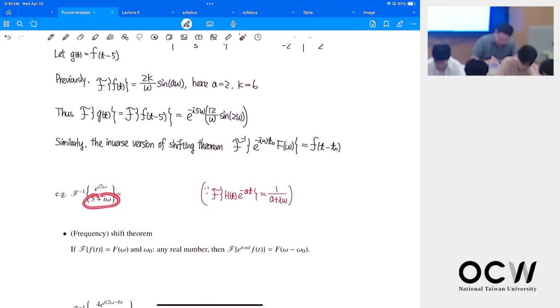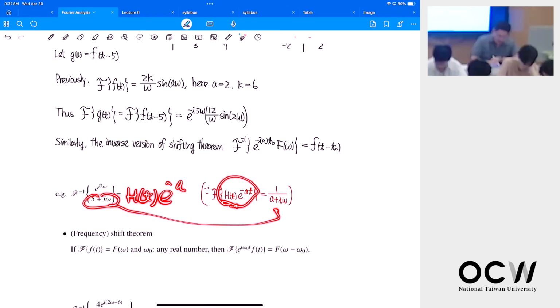I have 1 over 5 plus j omega, so I should have this Heaviside function: h of t times e to the minus 5t, correct?